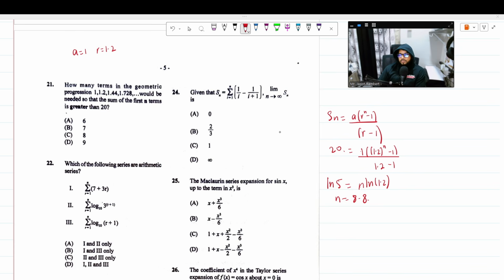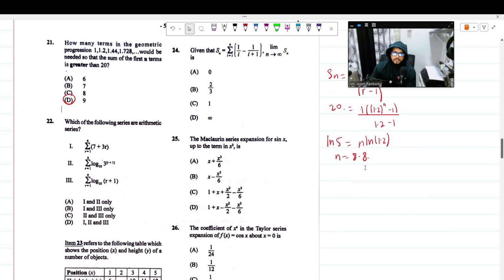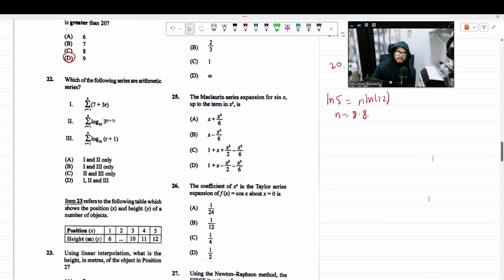So it had to be more than 8.8 terms, which means it had to be 9 terms. Either this, or we can just plug in n is equal to 6, 7, 8, 9 and see which one will give me the sum to be more than 20. Either or. Alright, this one is 1 and 3.